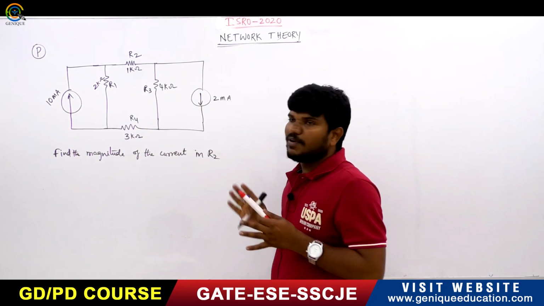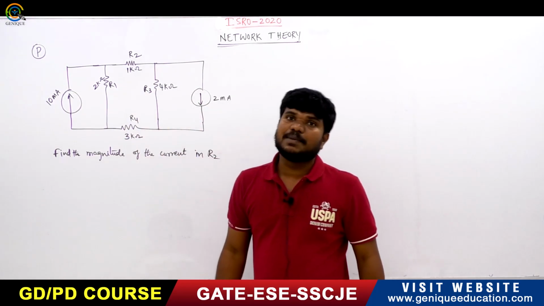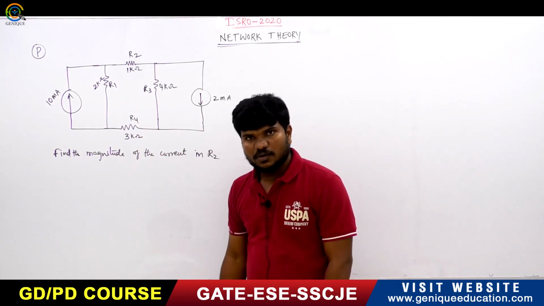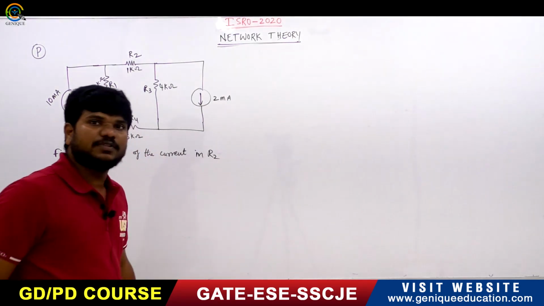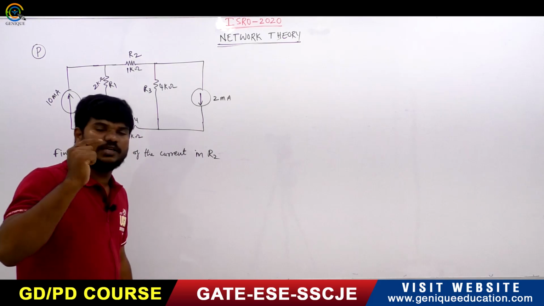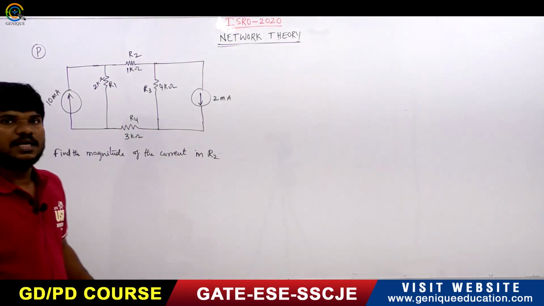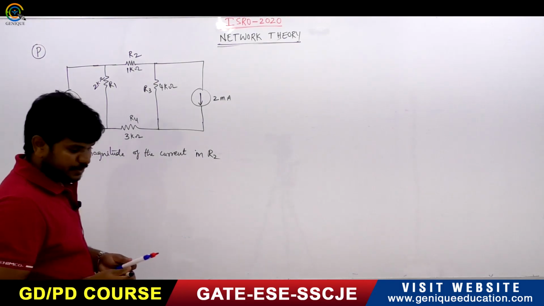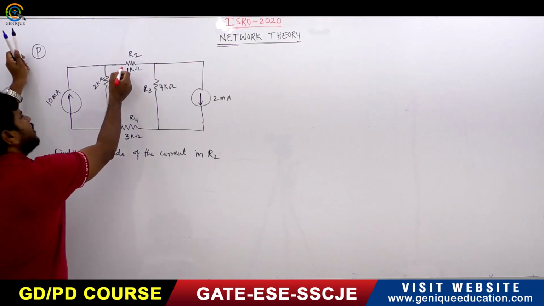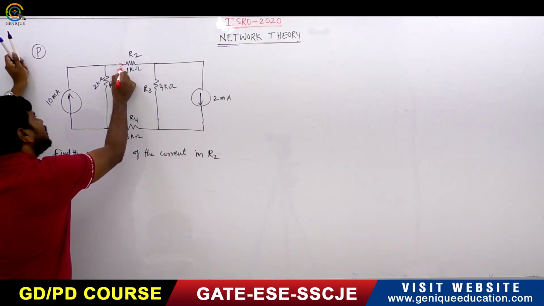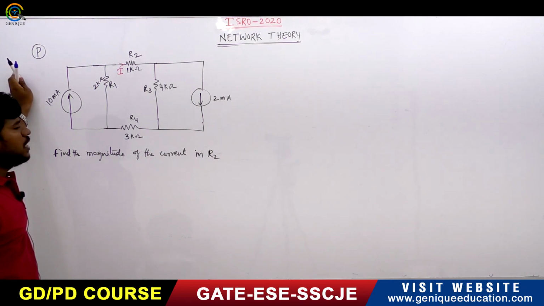For a while you have to think whether any modifications can be done in the network or not. What we have to find is the current in this branch.